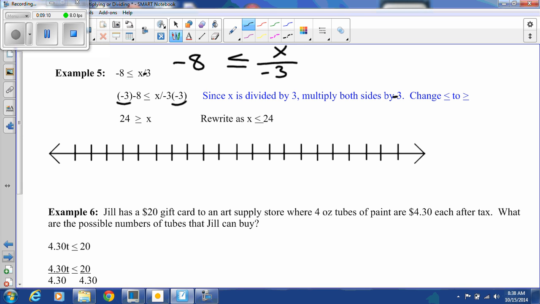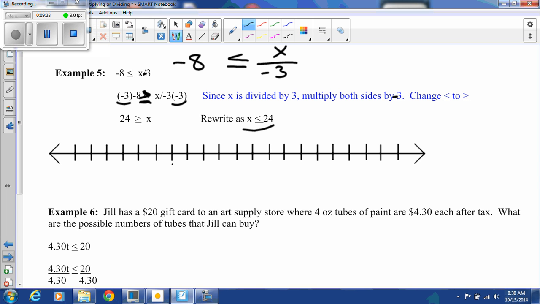Change the less than or equal to sign to greater than or equal to, because we're multiplying by a negative number. -3 times -8 is 24, and we get 24 is greater than or equal to x, or you can rewrite that as x is less than or equal to 24.